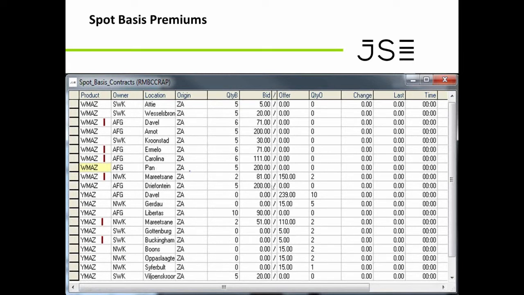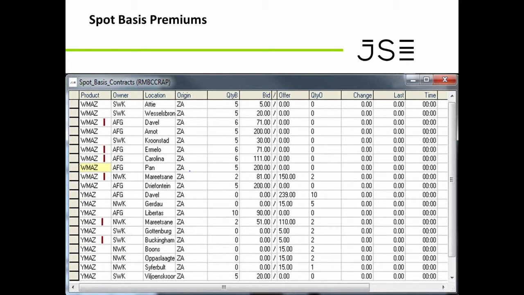Same for Driefontein, we see those numbers there. So this has become quite active, and we have seen quite a number of grain owners, especially farmers and traders, benefiting from this facility, which was introduced slightly around a year ago.